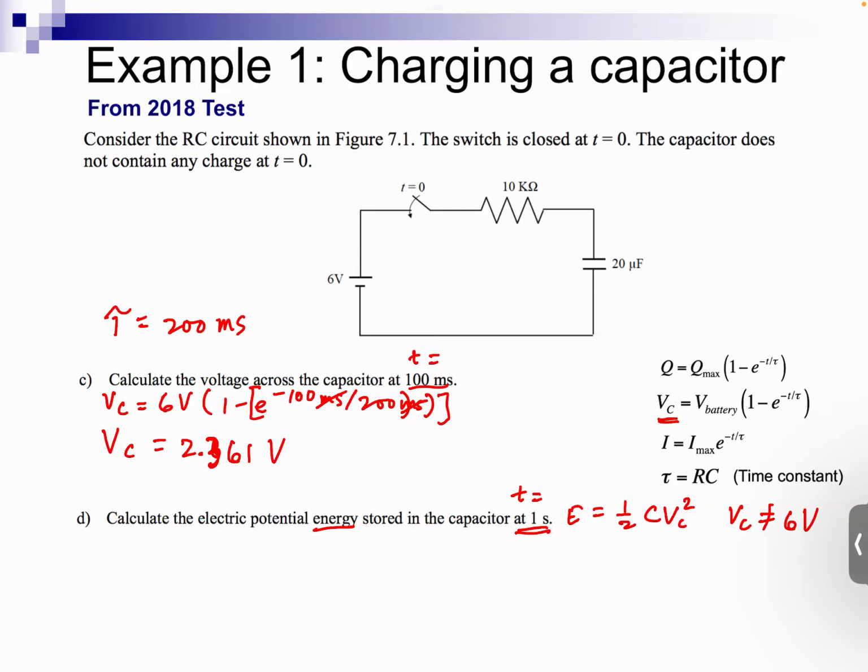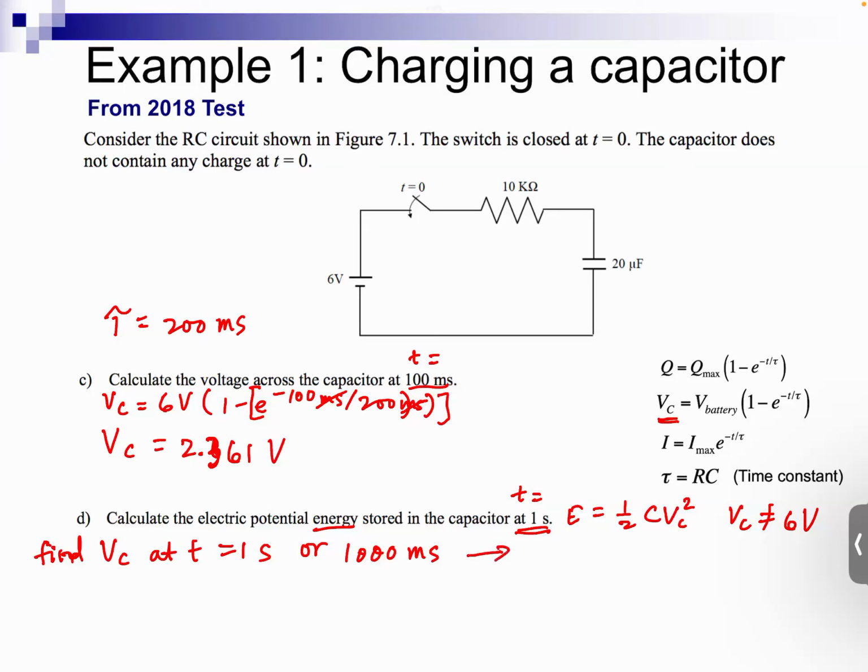Hence, you have to calculate first, find VC at t is equal to 1 second, or 1 second is 1,000 milliseconds. Okay. Right, so do this exercise to find VC as you did in question C, except that the time you'll use is not 100 milliseconds, but rather 1,000 milliseconds or 1 second.